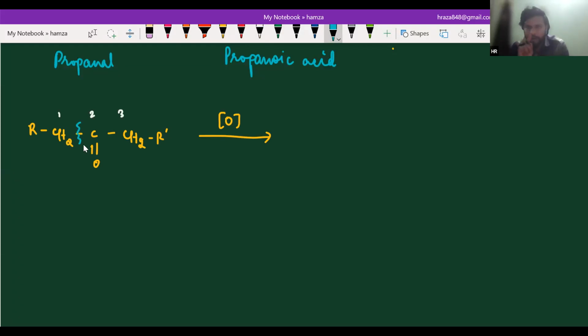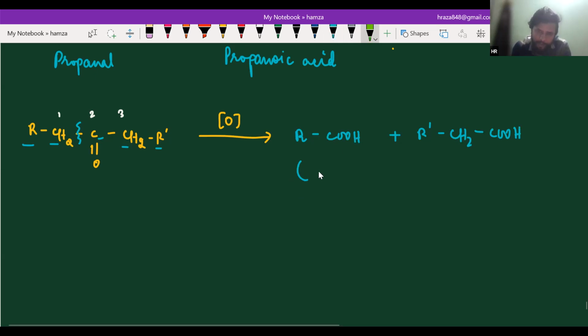If you break the bond between C1 and C2, you prepare a carboxylic acid having this much carbon. So this will be RCOOH, and the next product will be the carboxylic acid with this much carbon. So this will be R'CH2, and the last carbon will be converted into a carboxylic acid. This product we got from the cleavage of the C1-C2 bond.